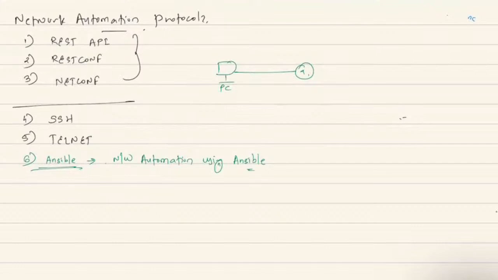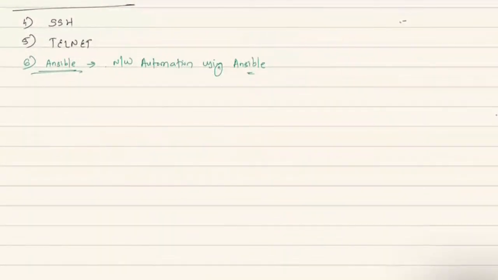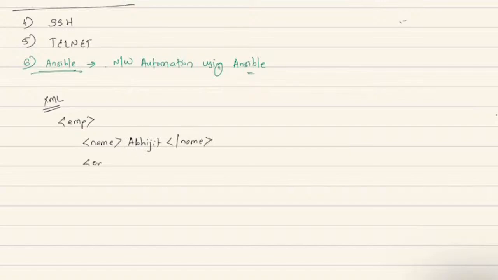So just right away we talked about how XML is used for normal data. We saw that in XML we can write down information in this way: an employee can be there, then we can specify the name of the employee by creating a tag, like let's say Abhijit is the name of the employee. I close the tag, then I create another tag like organization, and I specify PyNet as my organization.